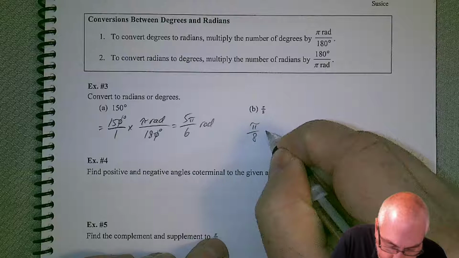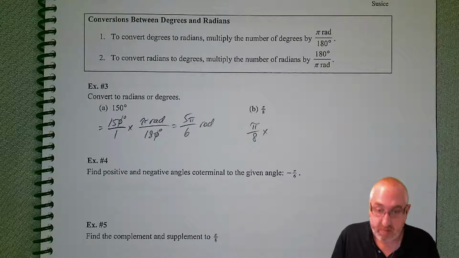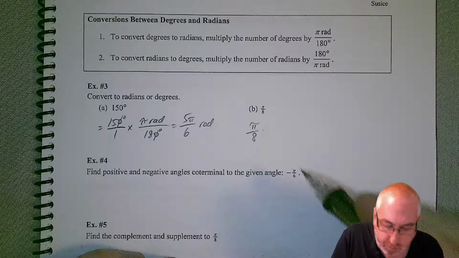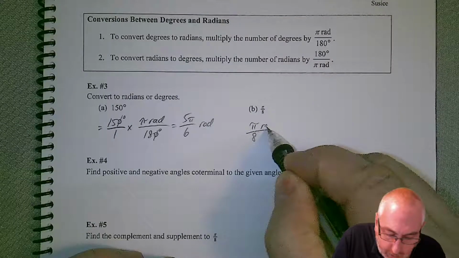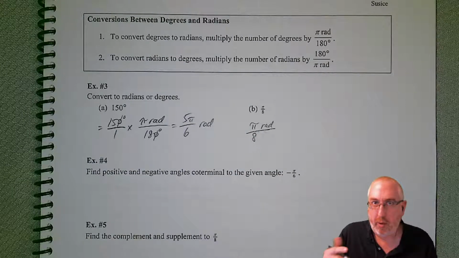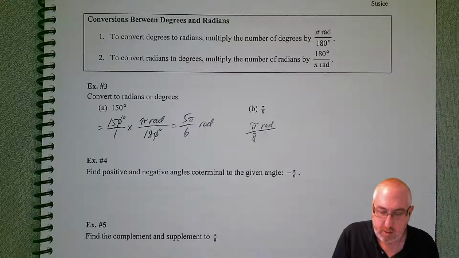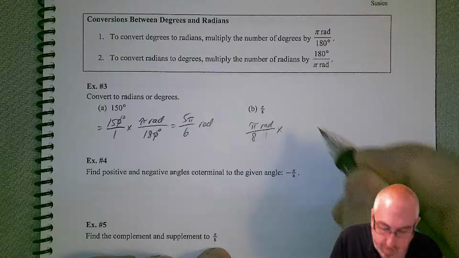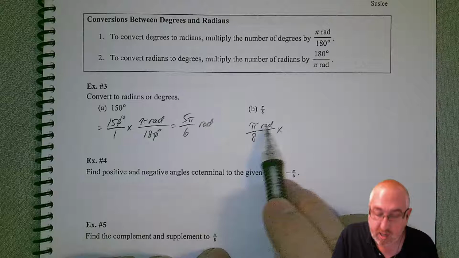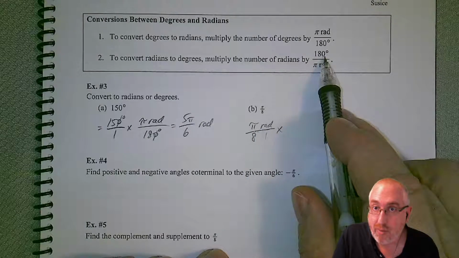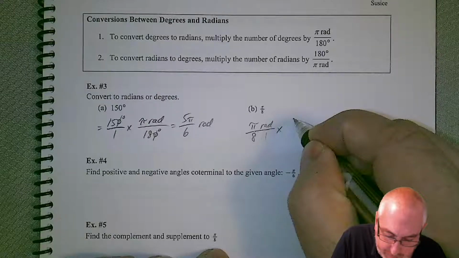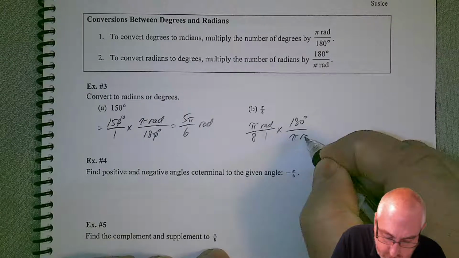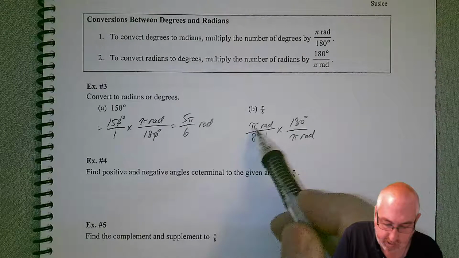Now, technically, if you wanted to, we could put the rad up on top, because you can think of units like a number. You can put it over 1, so we can put it on top and maybe put a 1 down the bottom if you want. Now you can see, because the rad is on top, we need the rad that's on the bottom. So the 180 degrees over pi rad is going to work for us, because now those are going to cancel out completely.